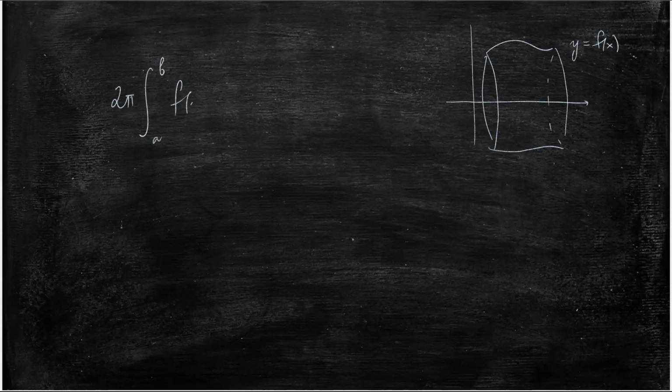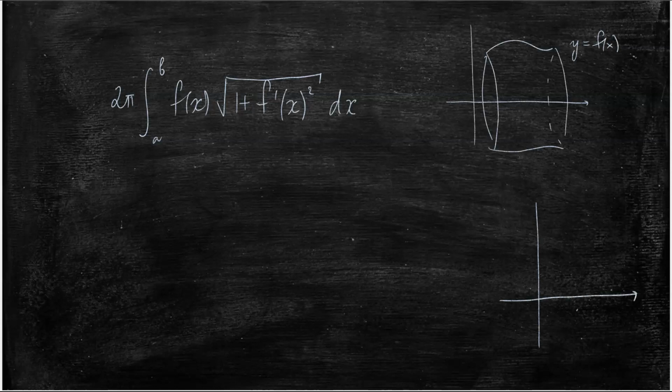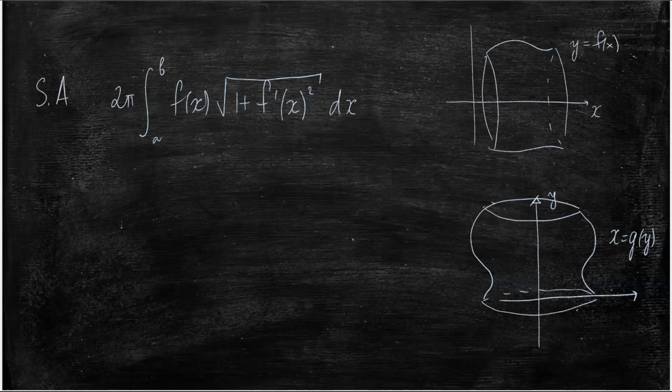And it's not hard to imagine that if we have defined a function like this, as x being a function of y, and then if we rotate it around the y-axis, then again, it's not hard to imagine that the formula for the surface area would simply be 2 pi integral from c to d, whatever c and d are.